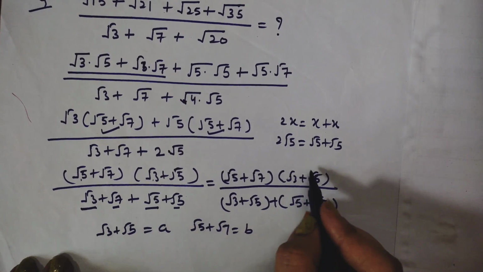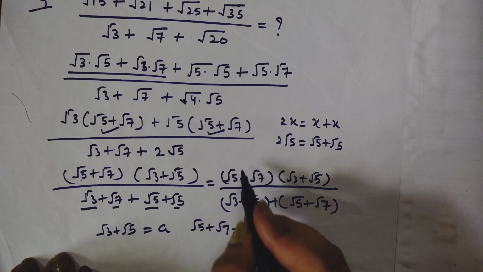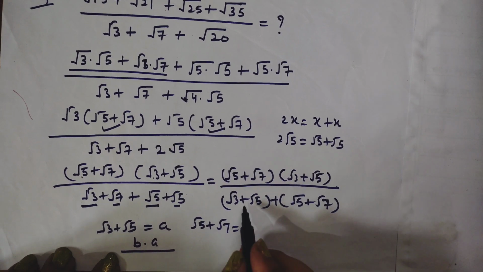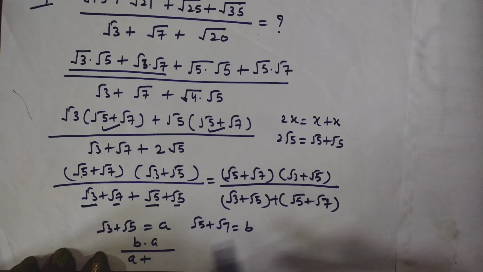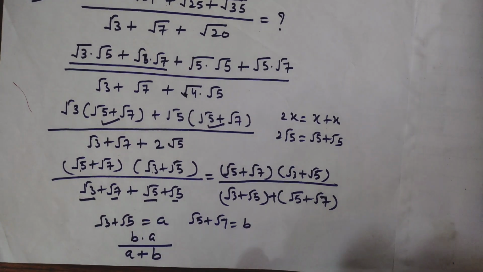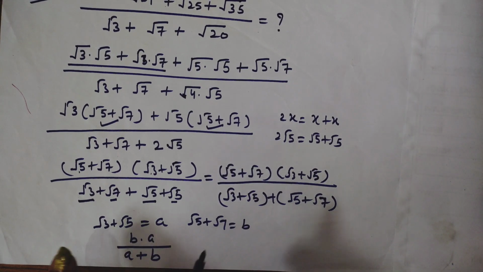So this one is b and this one is a in the numerator, and in the denominator it is a and b. So the expression converts to b into a upon a plus b.